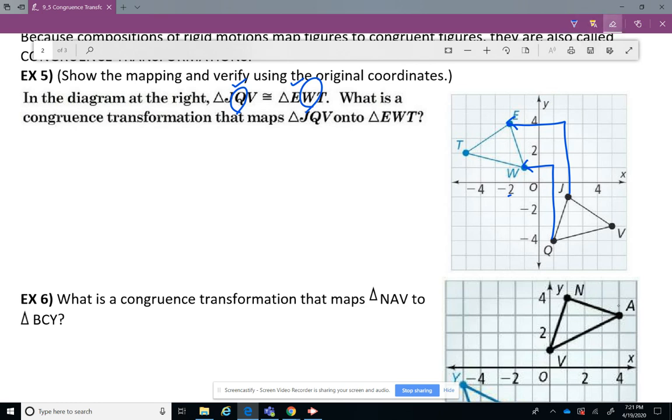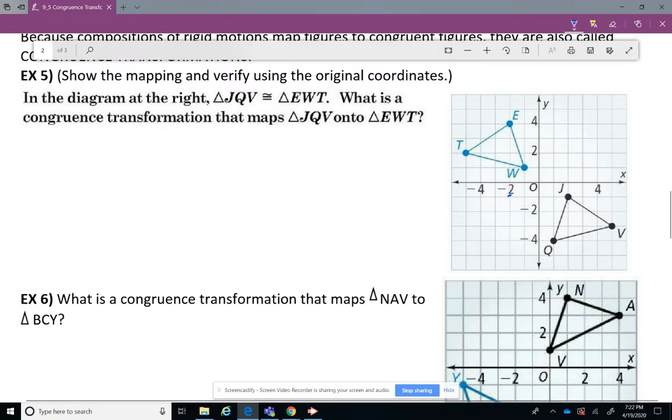So you can't just do one transformation. You're going to have to do more than one. All right, so let's see what we can do. Let's translate just J for a minute. And let's just move it 2, 4, 5. Let's move it 5 up, just to make it right across from E.